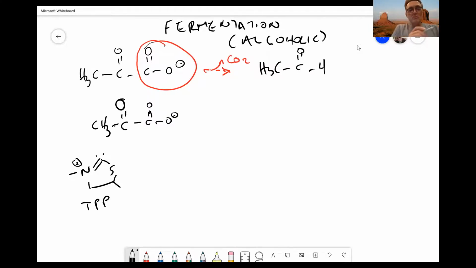So the purpose of TPP and other cofactors that we will see in decarboxylations is to serve as an electron sink. Right. So that's a positive charge here. All right. Of course, the reaction will start with TPP attacking this carbonyl, and the electrons will bounce that way. We'll make this intermediate.